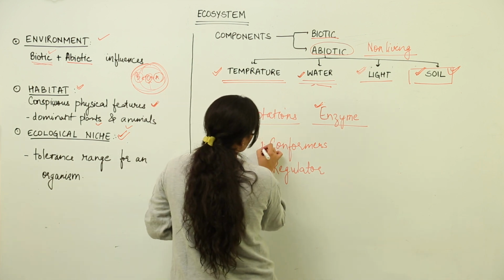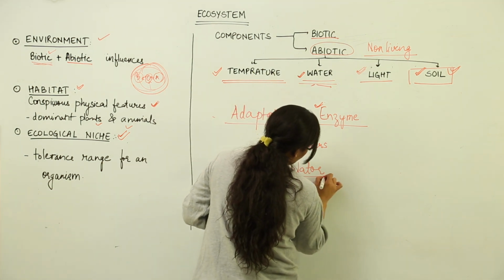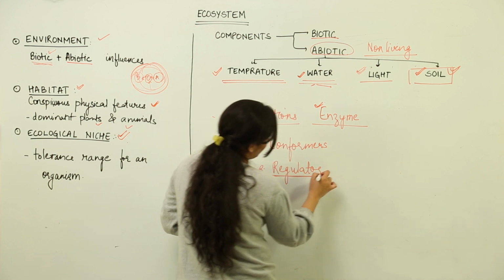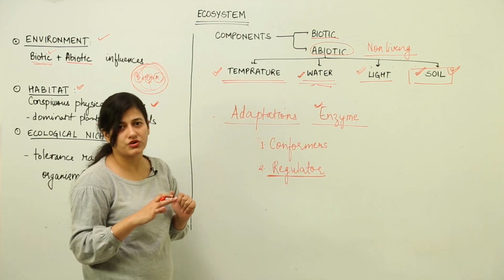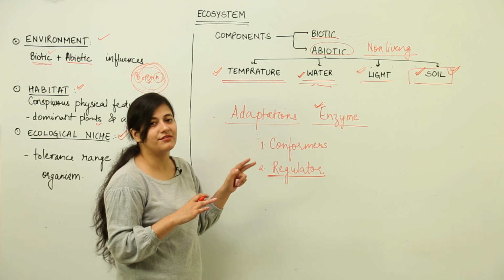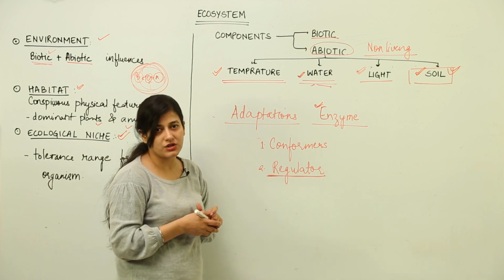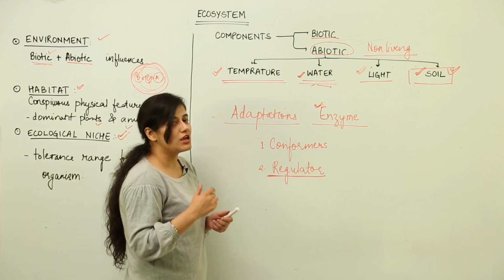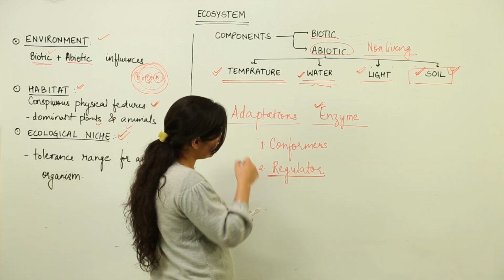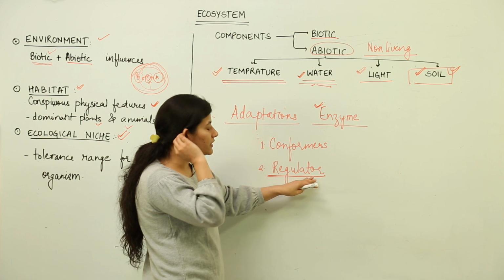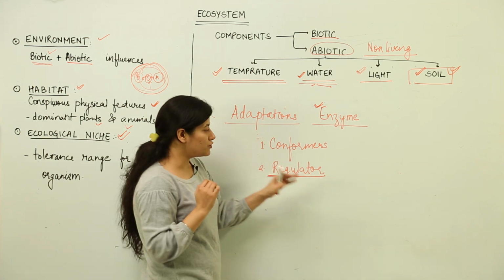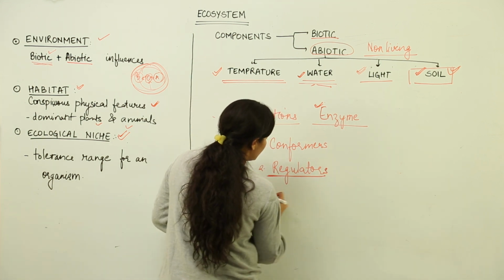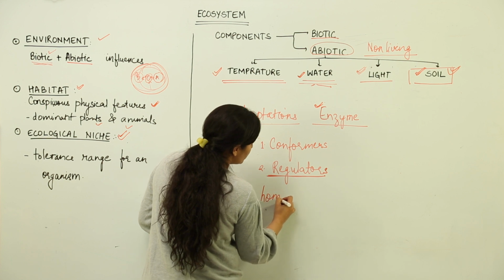The organisms which are able to regulate their internal temperature, it hardly matters whatever the temperature is. You know your body has 37 degrees Celsius as your body temperature. Whatever the temperature outside may be, that temperature is not going to change. If there is a slight change, that we call fever. So we are basically regulators. We know how to maintain the body temperature, and that is known as homeostasis.